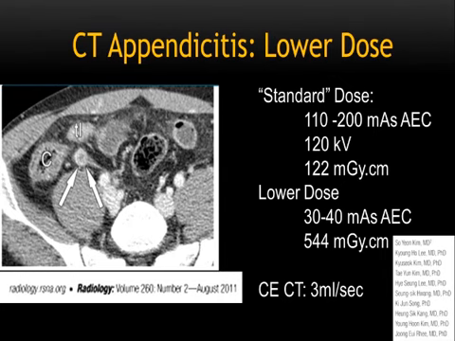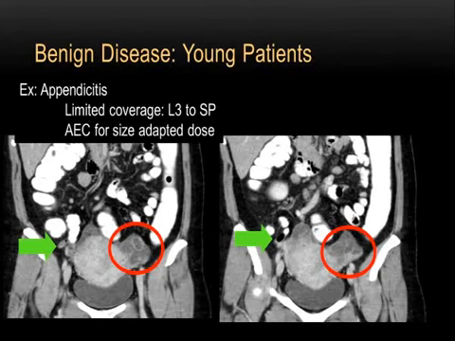I would not do that. I do not do that at MGH. Instead, what I do is that I go from L3 level, half of the abdomen, and then scan down to the symphysis pubis, right? So I reduce the scan coverage because that's the region where the appendix is likely to be present, right? This is how we cut the dose down, right?